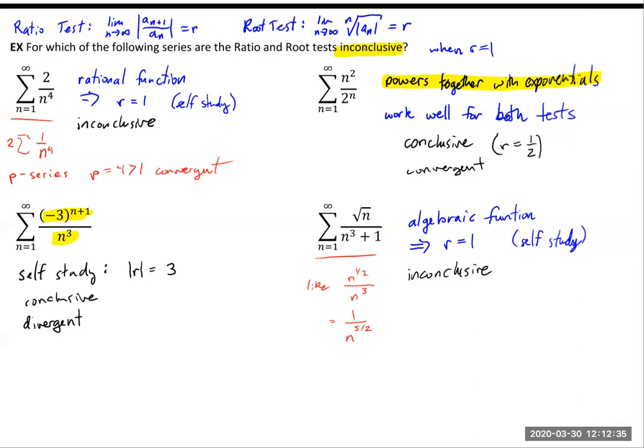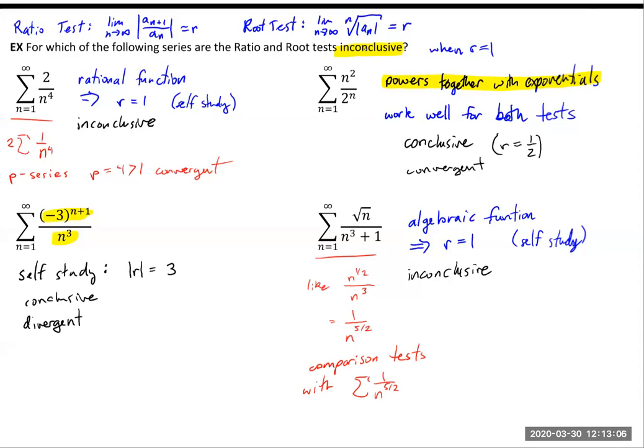So what are we looking at here? This is behaving like a p series with p equals 5/2, but it's not a p series with p equals 5/2. So what do we do? Comparison test. That's how all these series work. Practice with them, and they're really not that difficult.